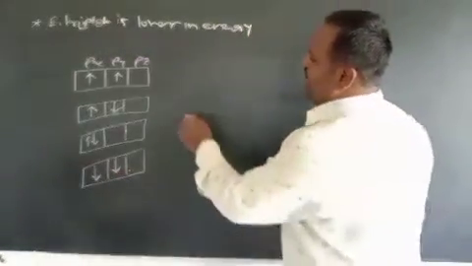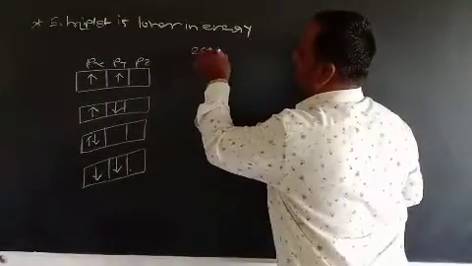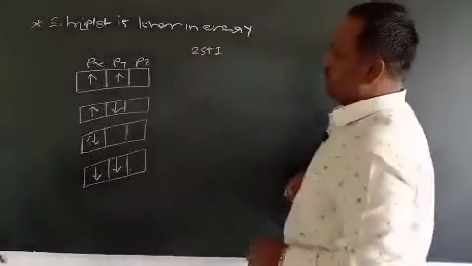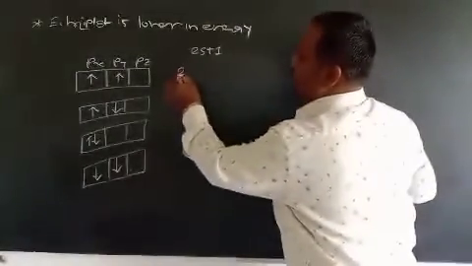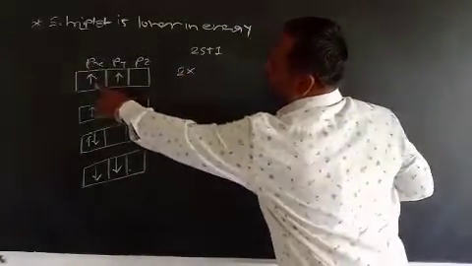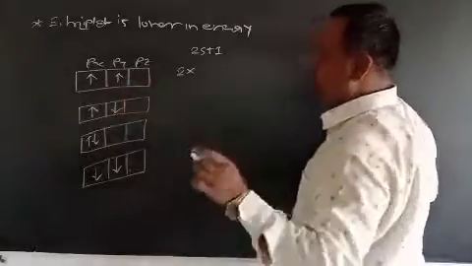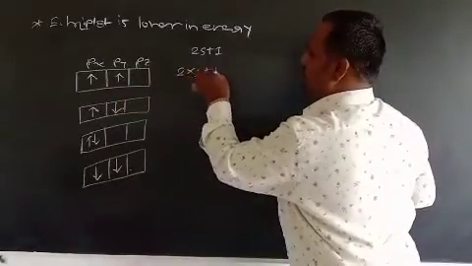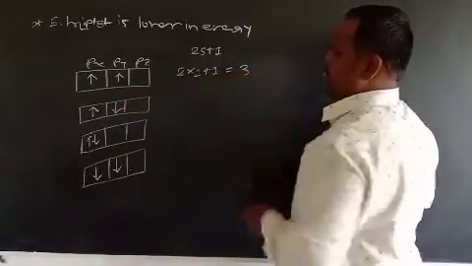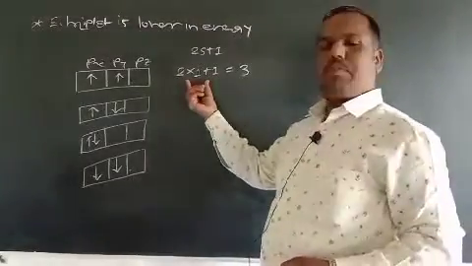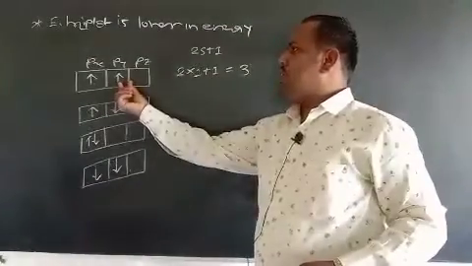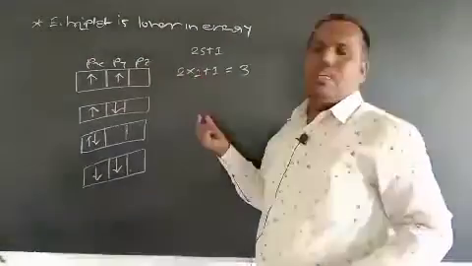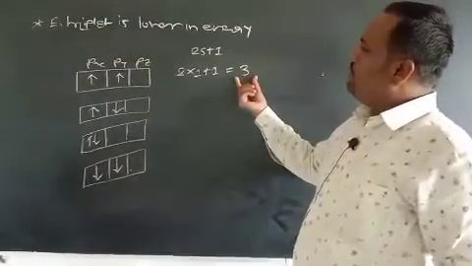So if you find out the value of 2S plus 1 in each case, here 2 into (1/2 plus 1/2), so total spin is 1, and 2 into 1 plus 1, we get 3. So its spin multiplicity is equal to 3.